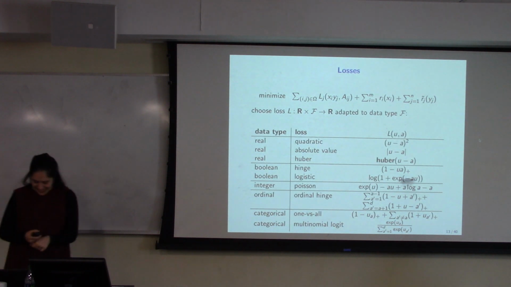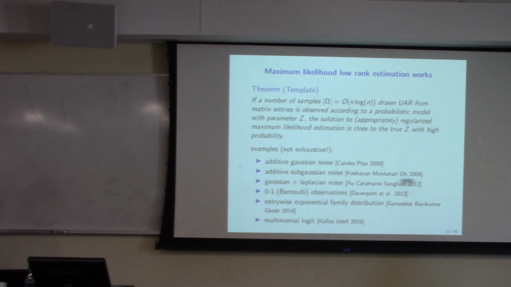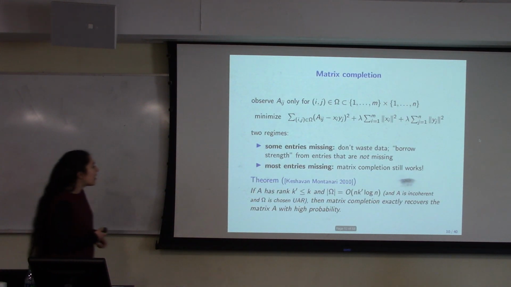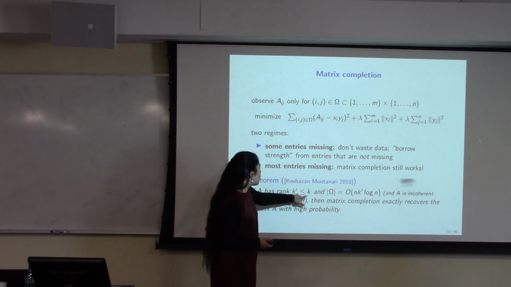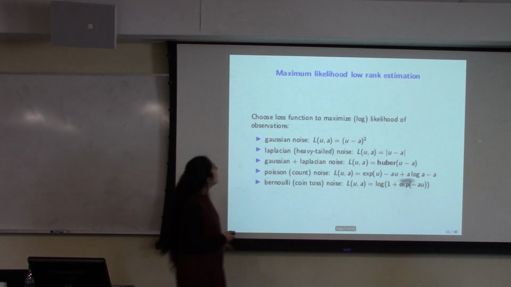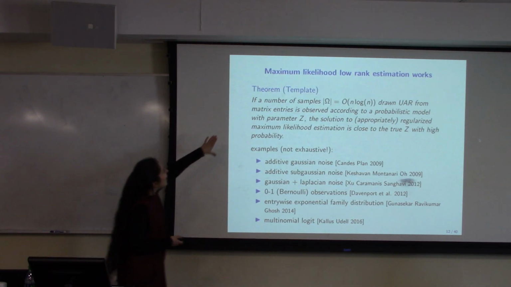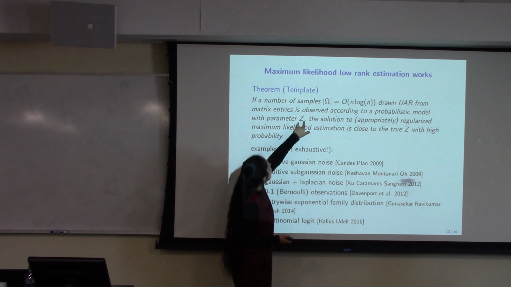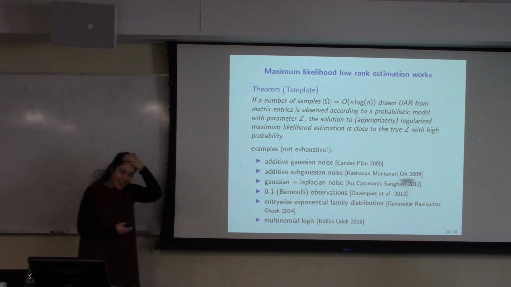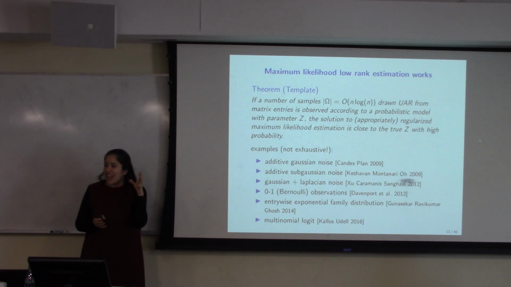So why does the previous theorem depend on the k prime and this one does not? That's just saying that the true rank should be feasible for your model. This is actually a result for the convex case, so we're allowing any rank k.